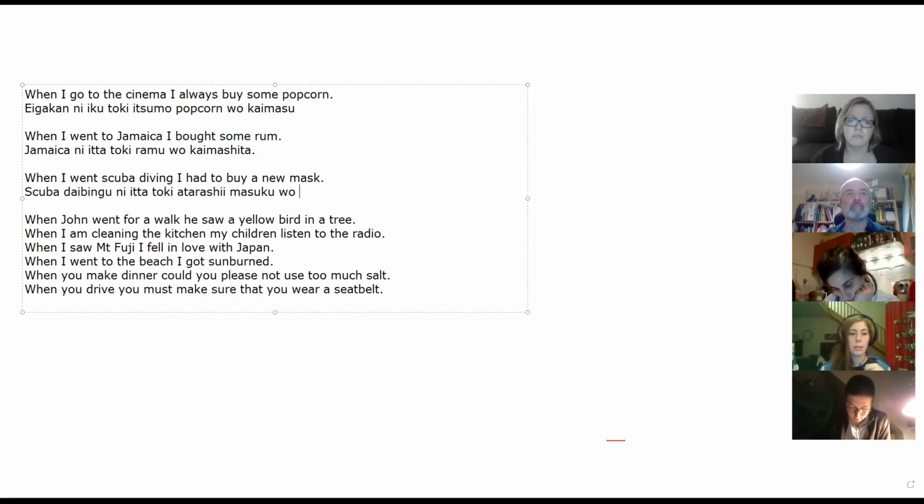Kaimashita is fine, but I'd like you to say I had to buy a new mask. It was imperative. It was obligative. If you look at Louise's mouth, she's almost screaming the sentence at you.